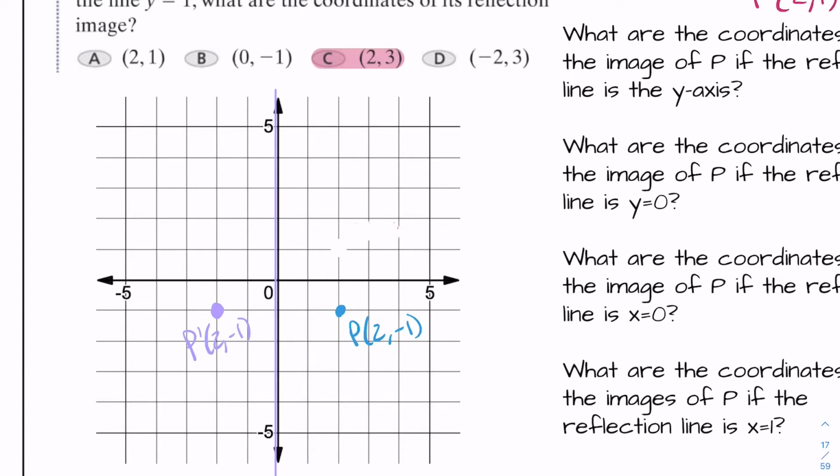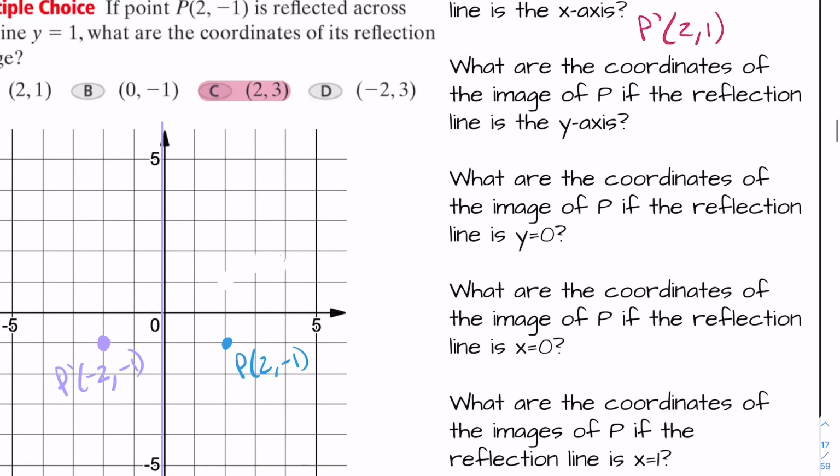Nope, sorry, I'm messing everything up today. -2, comma, -1. So the answer to P prime is -2, comma, -1.